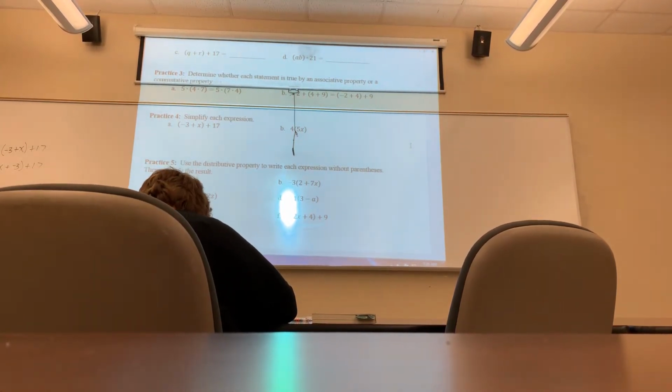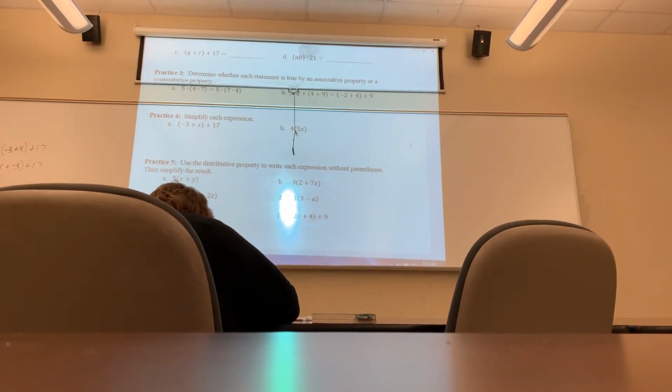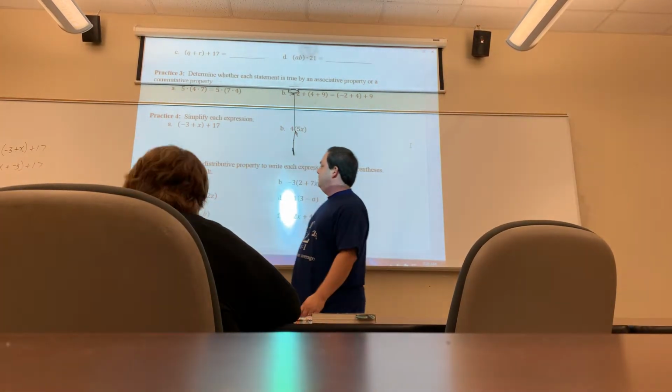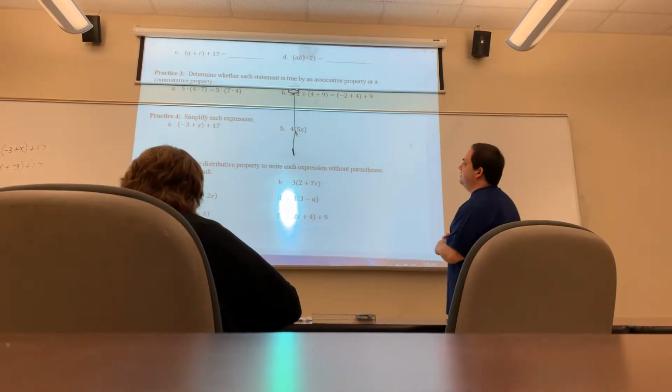Or, in a way, you're reassociating. -3 plus 17 is something that I can do. Right? Hopefully they didn't change that one on you yet. I went to the meeting yesterday, -3 plus 17 is still 14. Okay? 4 times 5x.